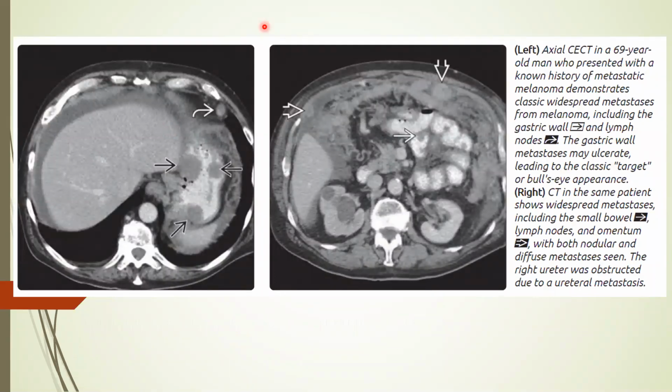This case is a metastatic melanoma presenting with multiple mural and intraluminal masses in the stomach and small bowel, and also there are multiple peritoneal deposits, and also a renal metastasis.